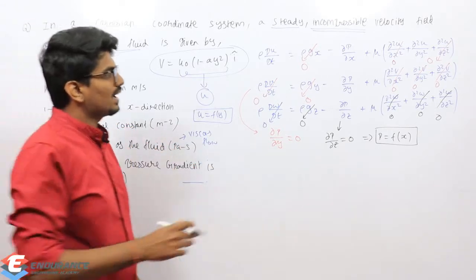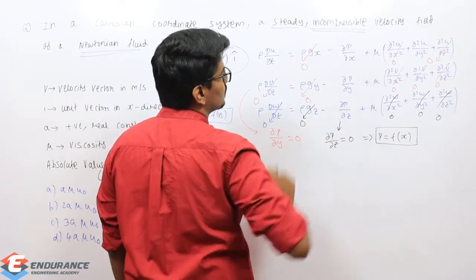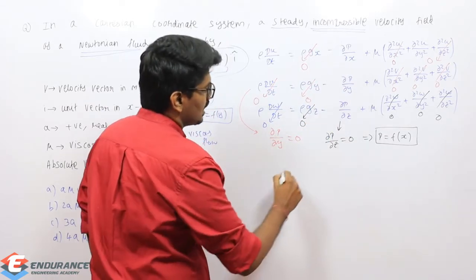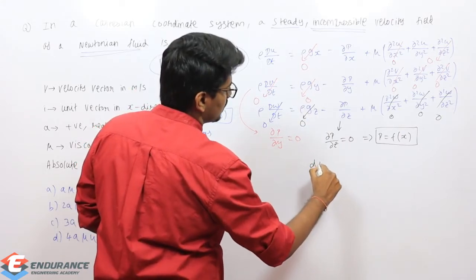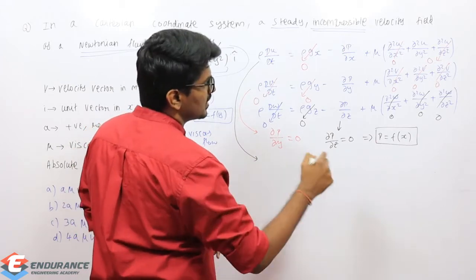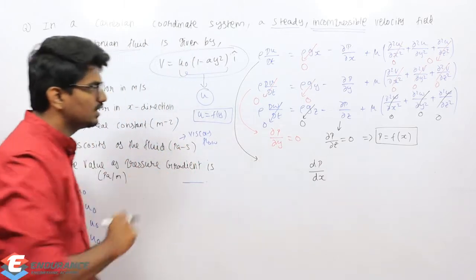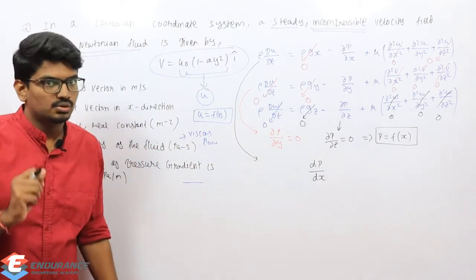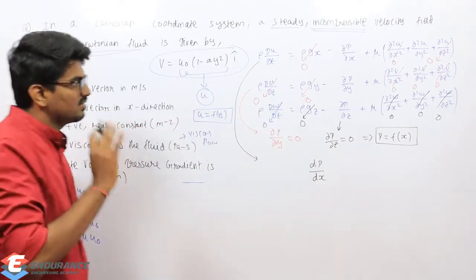As p is a function of only x, instead of writing the partial derivative, I can write it as a normal derivative. I am writing this in the first equation. Instead of dou p by dou x, I can write dp by dx, and this is what we need to find out. Suppose they give something, let me discuss at the end. First let me finish this.